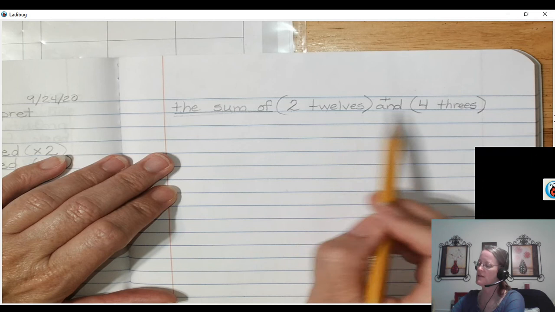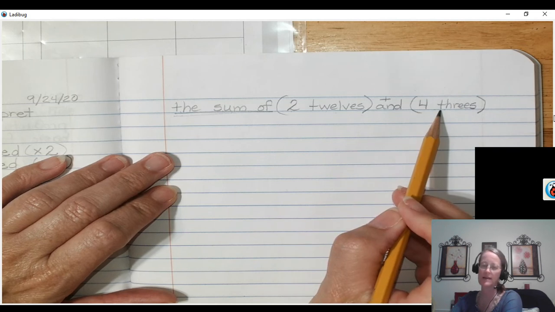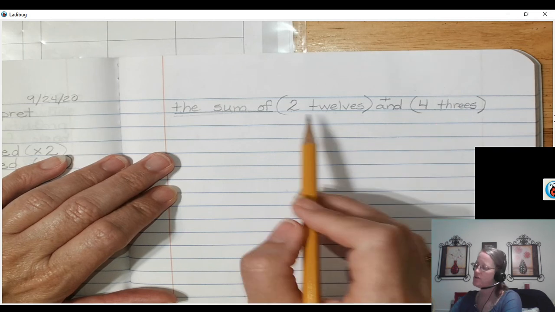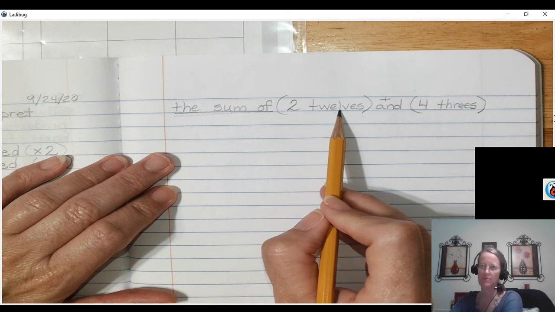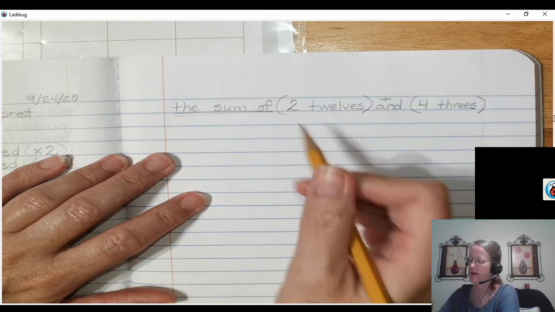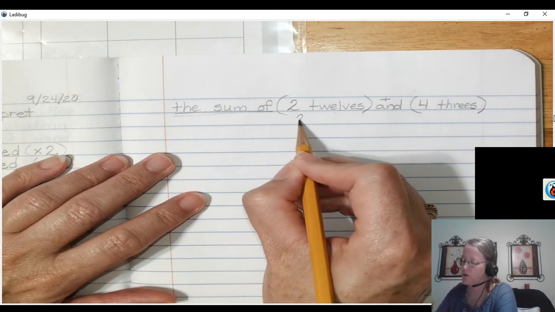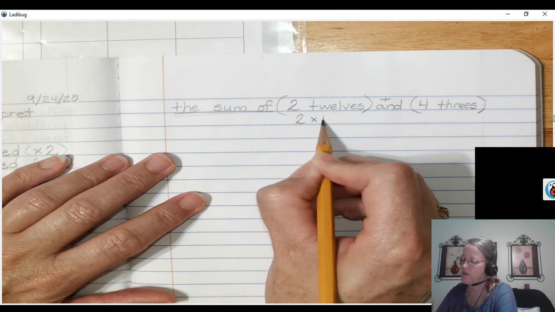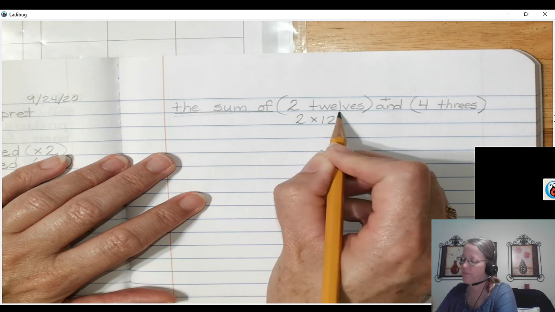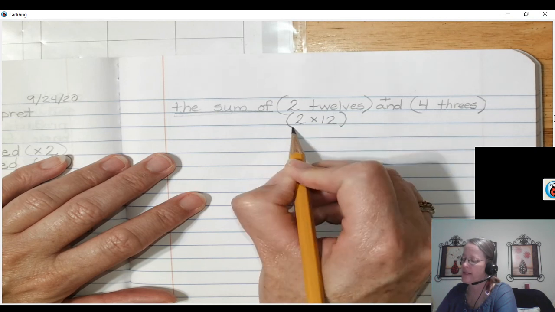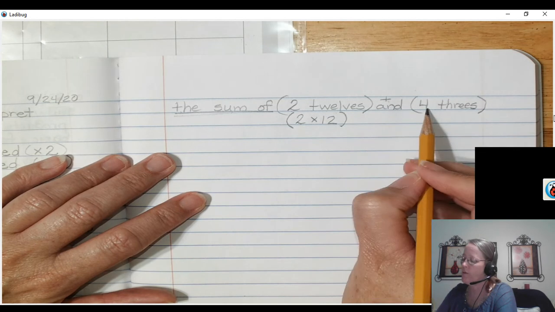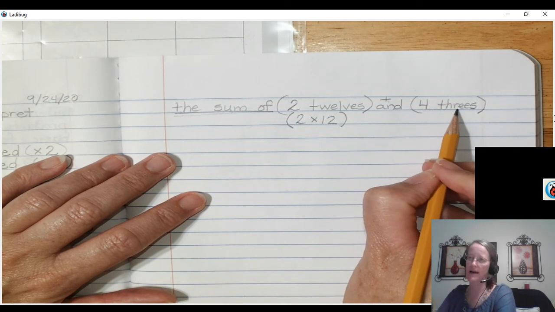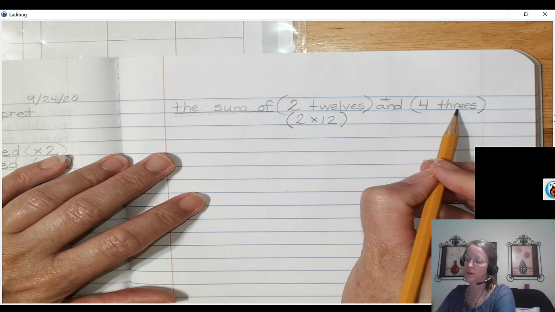So now I need to write them as expressions. So what would two 12s look like? Remember, that's 12 plus 12, which is the same thing as 2 times 12. Put that in parentheses. And what would 4 3s look like? 3 plus 3 plus 3 plus 3.